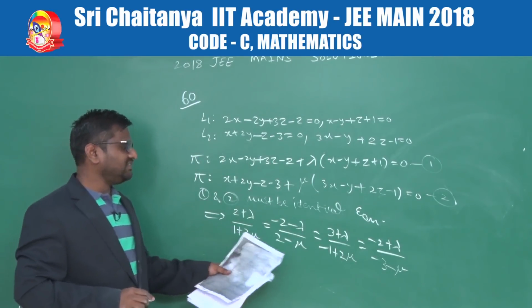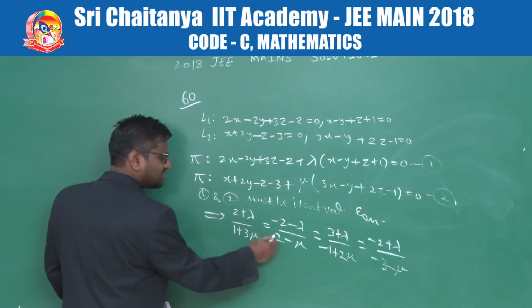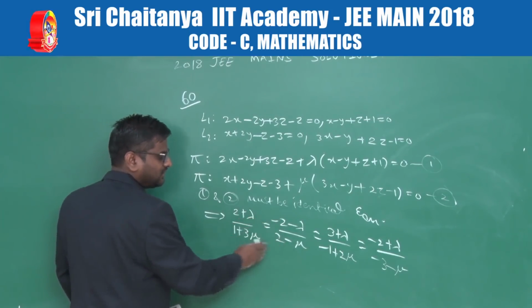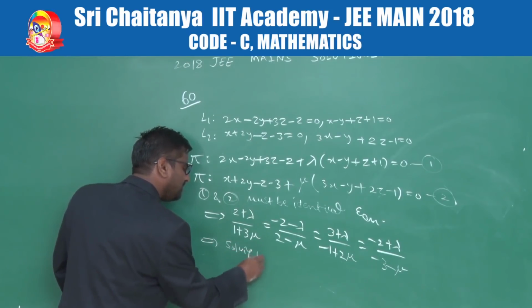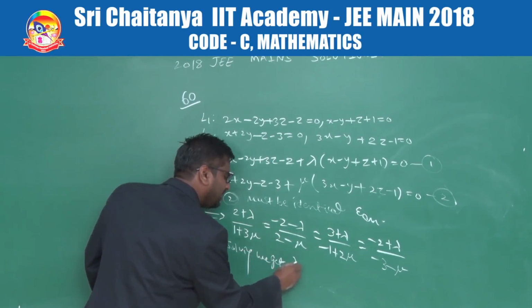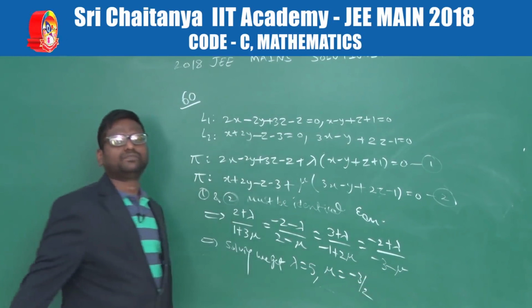So we have got a set of equations in the variables lambda and mu. If we cross multiply each two equations and solve, we get lambda equal to 5, mu equal to minus 3 by 2.